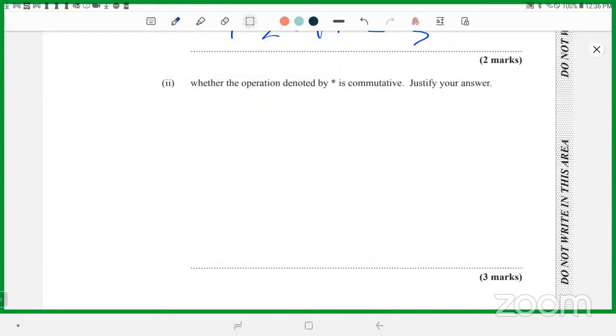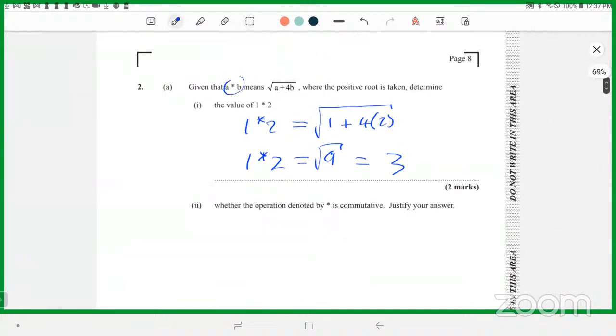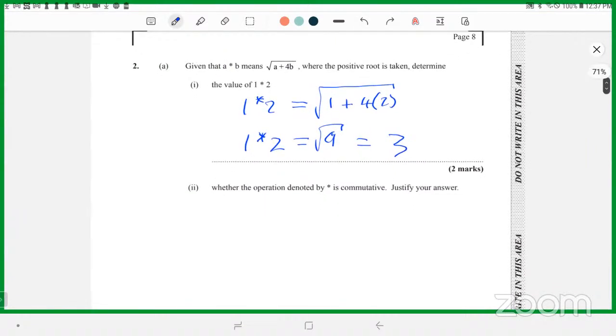All right, so we're going to find out now if this operation that they gave us here is commutative by reversing the order. An easy way to do it is, because they give me this value already, and we already know that 1 star 2 is equal to 3. It's not going to be commutative, but you just need one example where the result is different.